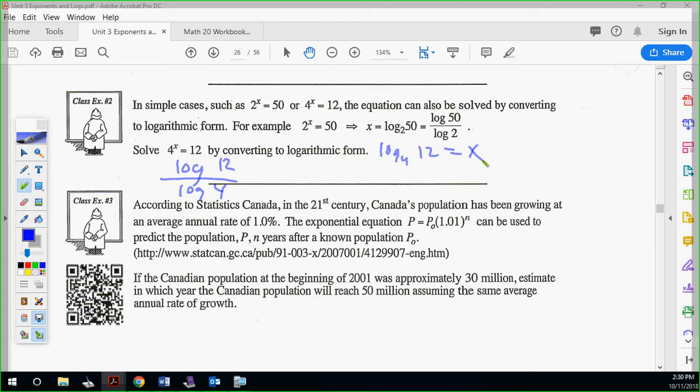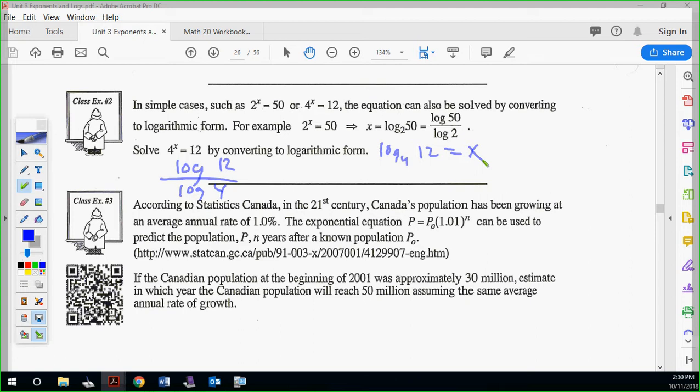Example 3, talking about population growth. So it says according to statistics in Canada, in the 21st century, Canada's population has been growing at an average annual rate of 1%. The exponential equation is P naught, which is like the starting amount, times 1.01 to the n, and can be used to predict the population P, n years after knowing the population of P naught.